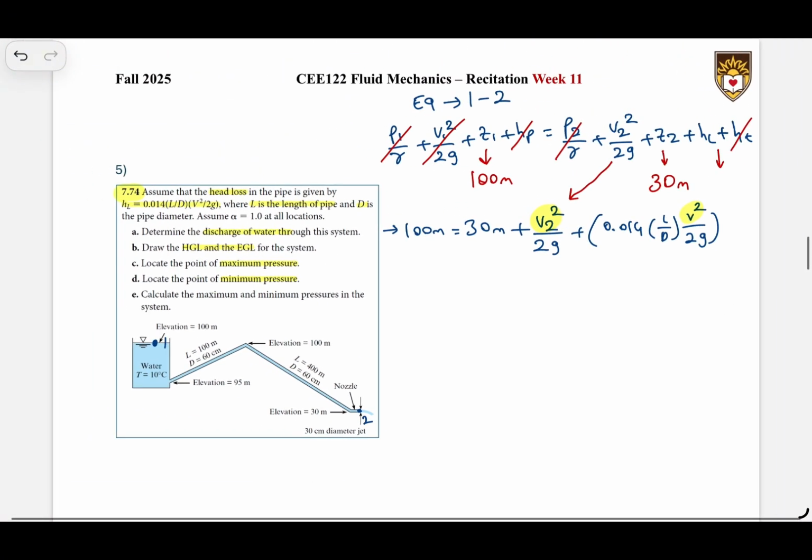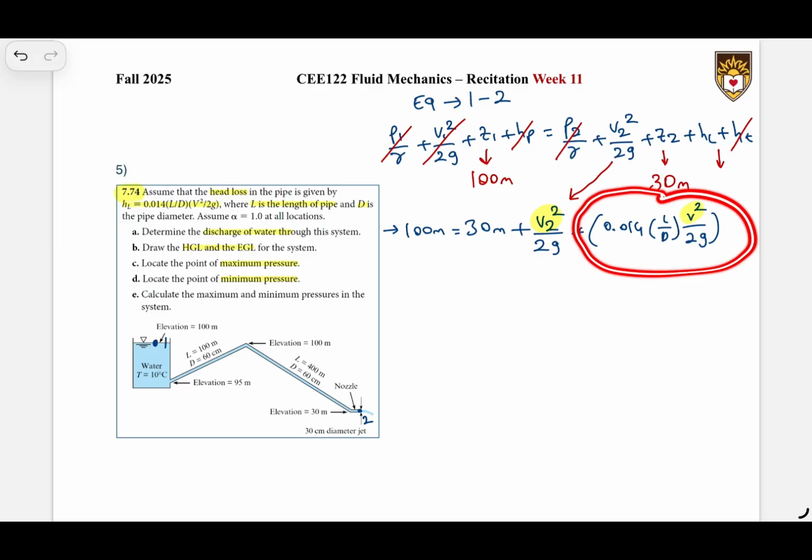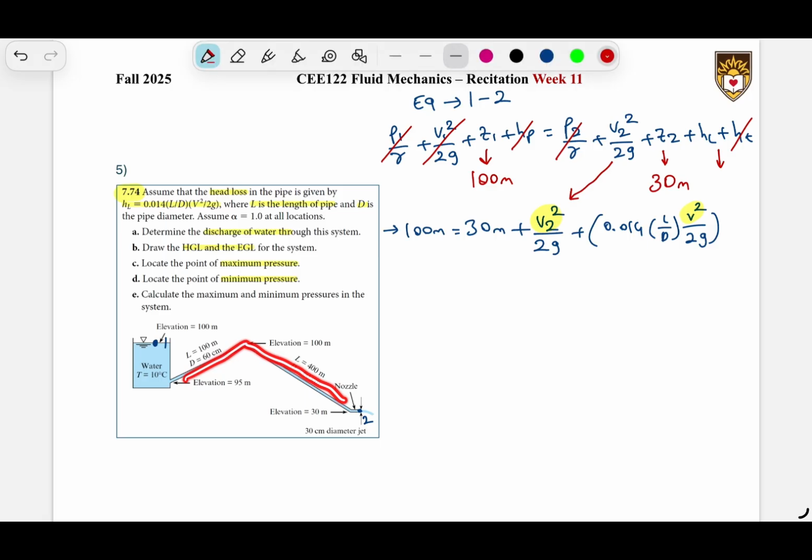However, in this head loss, we also have another velocity. This is the head loss in this pipe, and since this is the head loss in the pipe, the velocity should be Vp, which is the velocity within the pipe. So we are going to write Vp here.